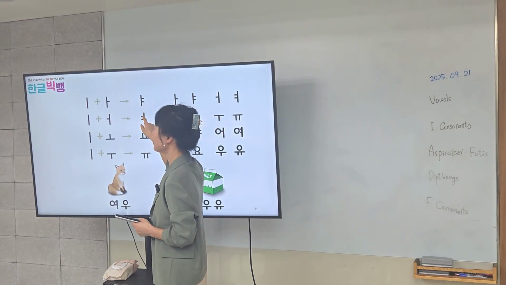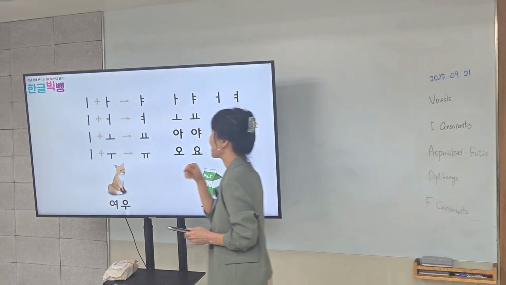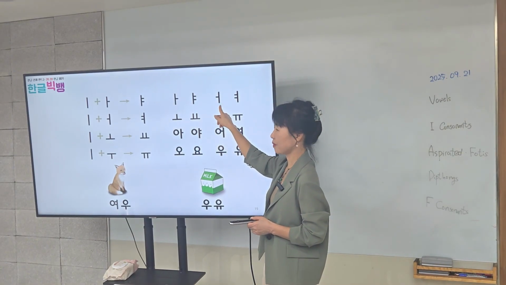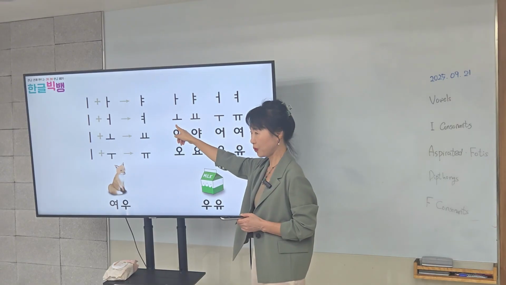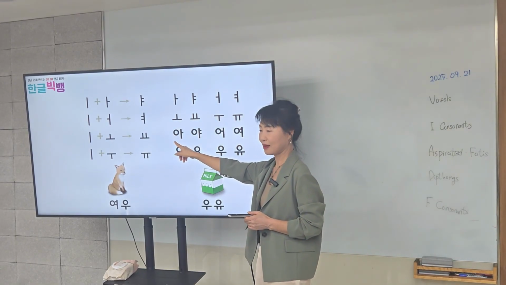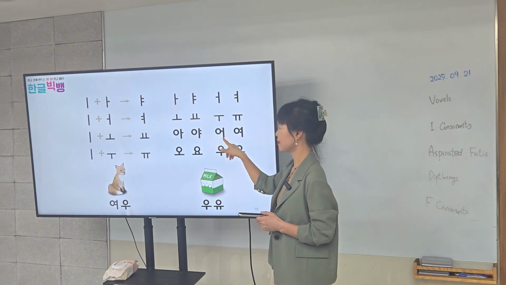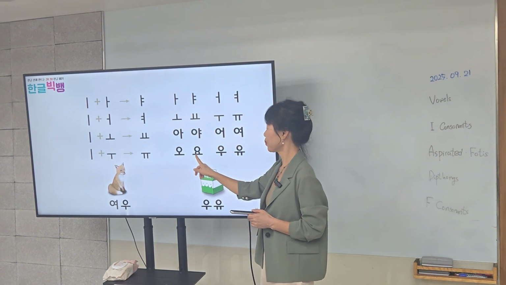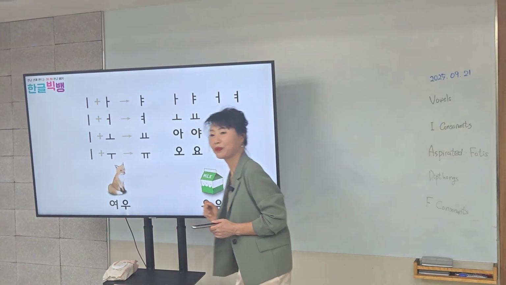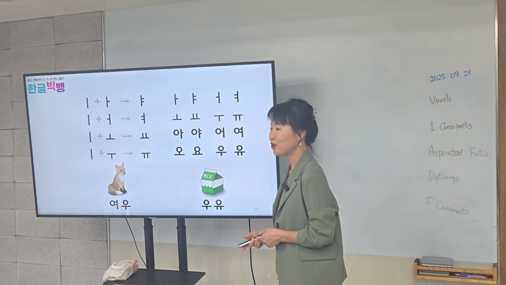Okay, so one more stroke adds a Y sound. Once more. 아, 야, 어, 여, 오, 요, 우, 유. Okay, with empty consonant. Good job. Can you read this word? 여우 and 우유.